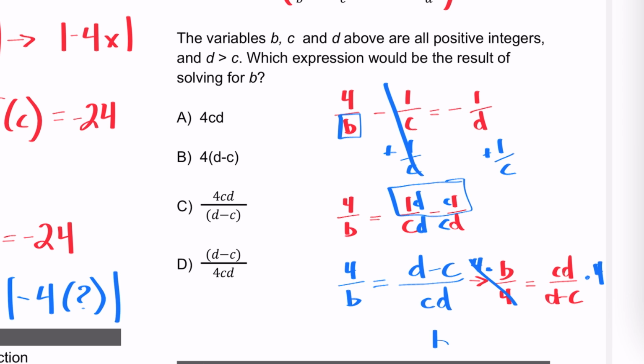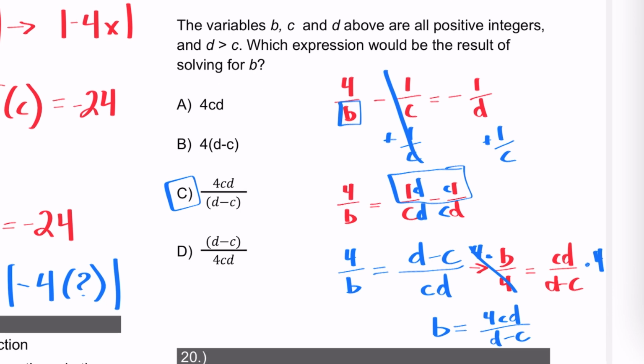Okay, we now have b all by itself, and I'm left with 4cd over d minus c, and that is an answer of C. Be careful, they might list it as dc and you solved it for cd. Just keep in mind the ordering in which they list the variables is not that important as long as what you get is equivalent to what they have.